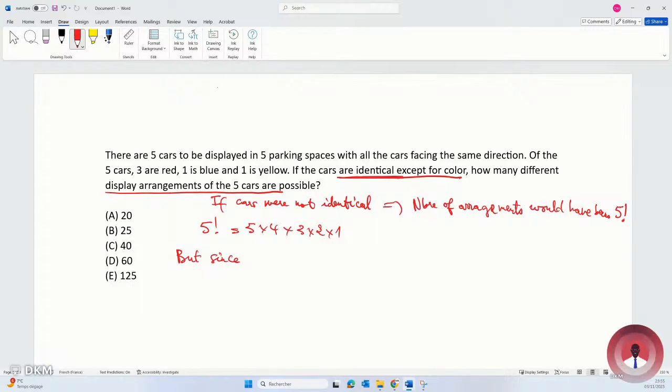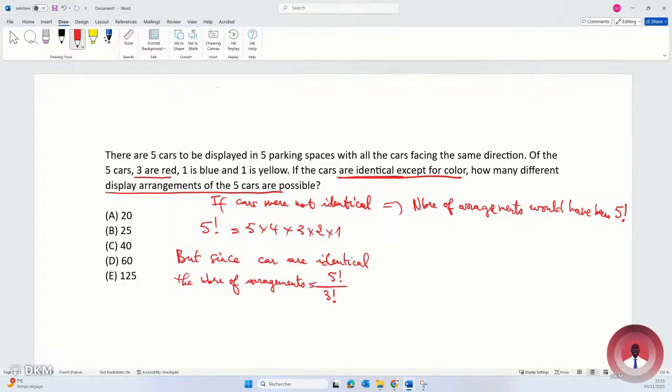So, since cars are identical, the number of arrangements will be equal to 5 factorial divided by the number of cars that are identical, 3.